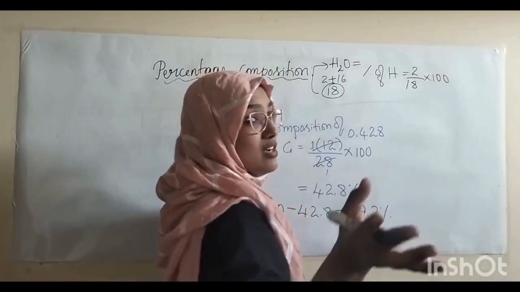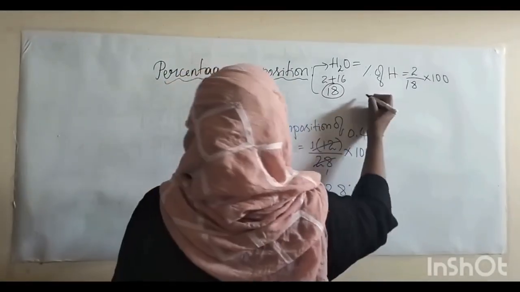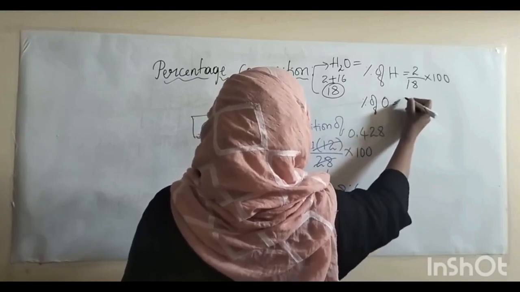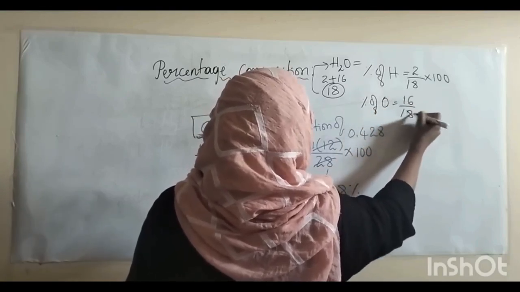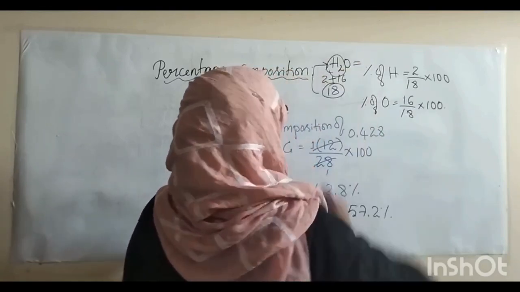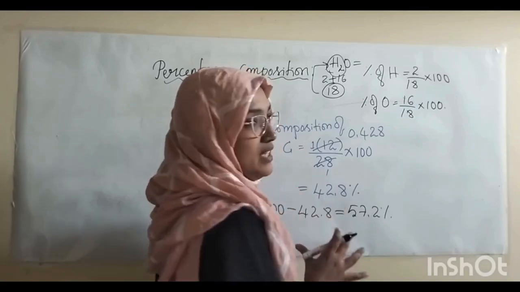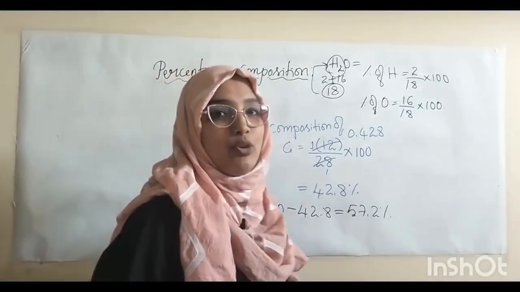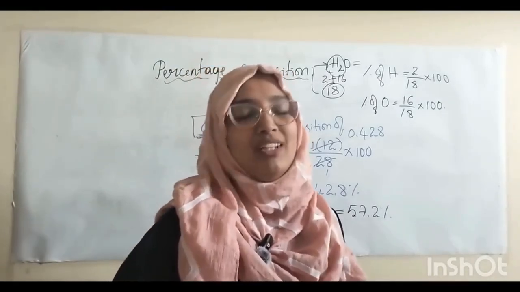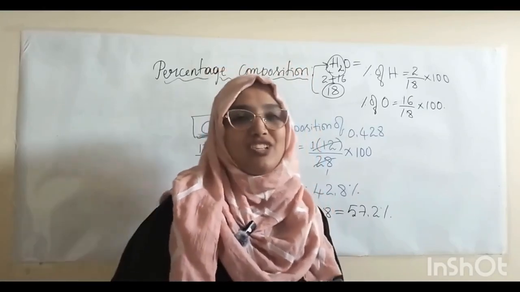Give me the answer in the comments. And the percentage of O here is 16 by 18 into 100. Though the hydrogen count is more in water, it will not come up to 50%. Right? This is how we have to check for the percentage composition.